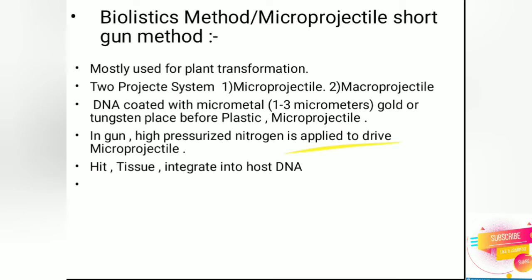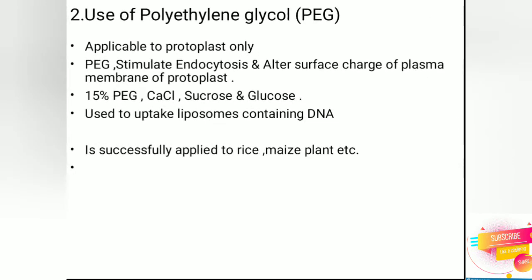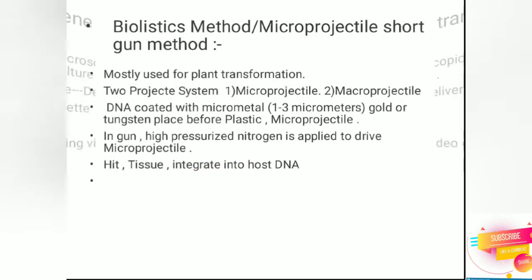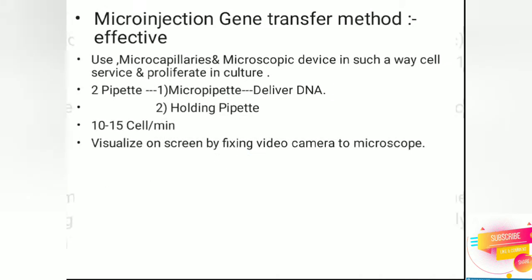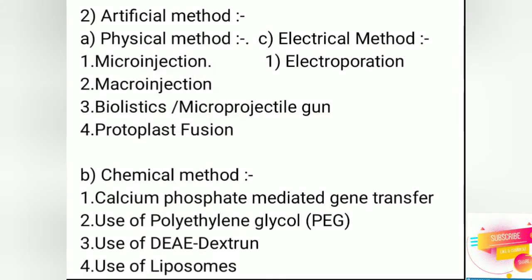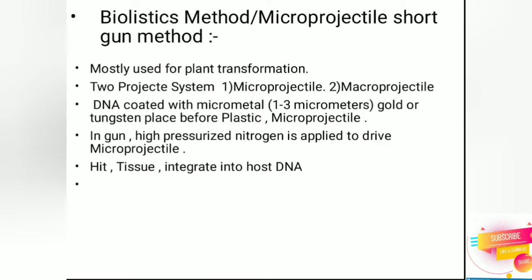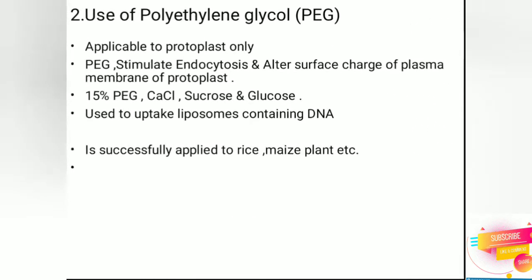Next one is the use of polyethylene glycol. This is also an artificial method. Polyethylene glycol is used to introduce desired DNA into the host cell.